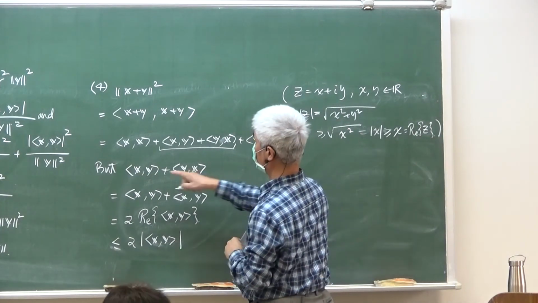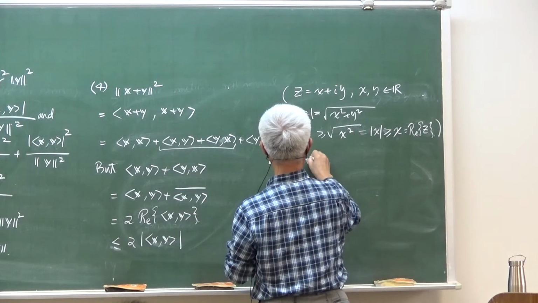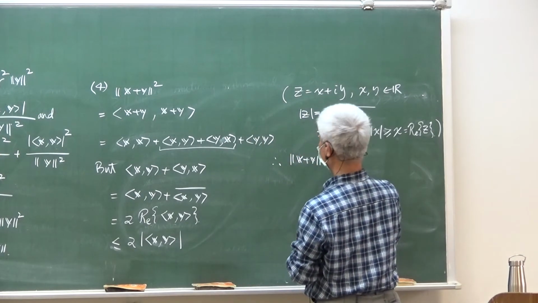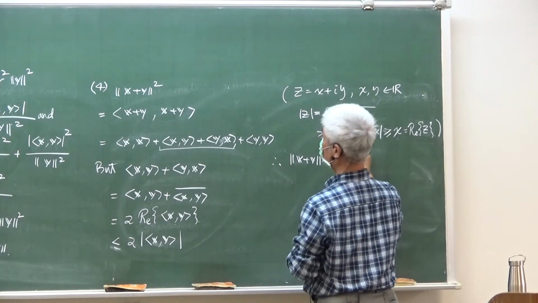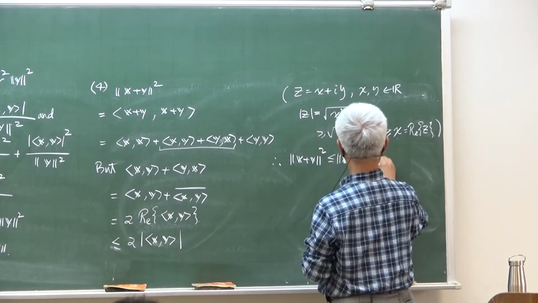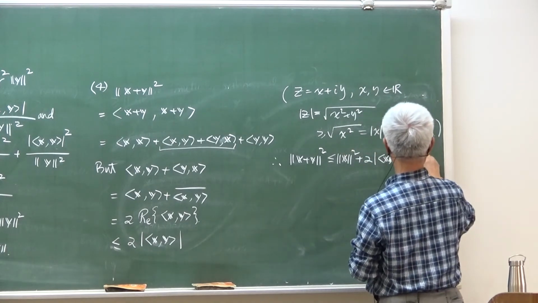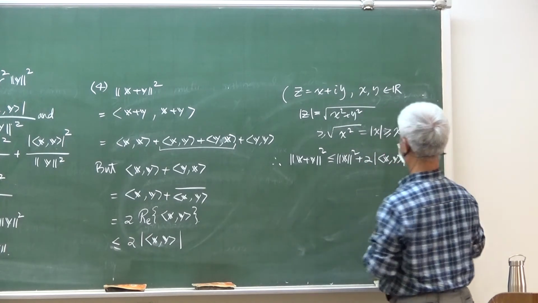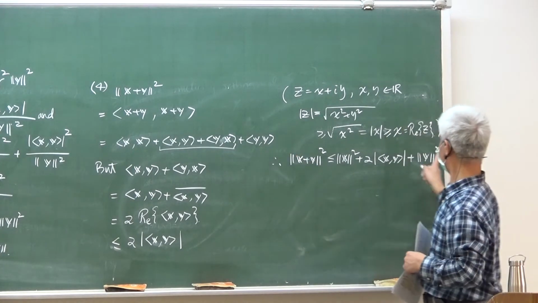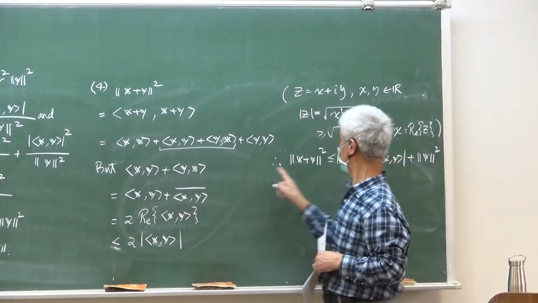All right. So finally, the squared norm of x plus y will be less than or equal to the squared norm of x plus 2 times the absolute value of the inner product of x and y plus the squared norm of y. Okay? So this is the square of the norm of y. And this is the square of the norm of x.